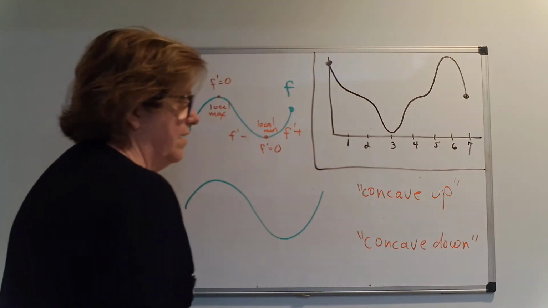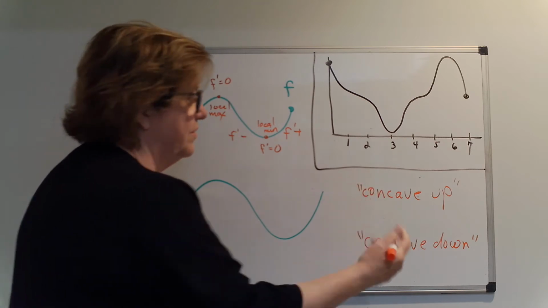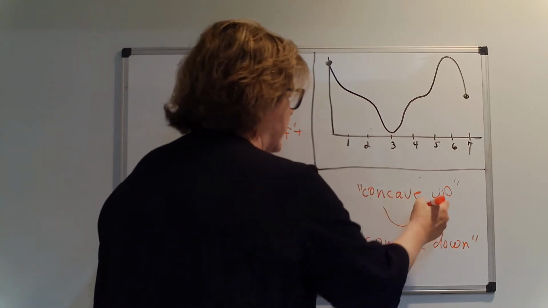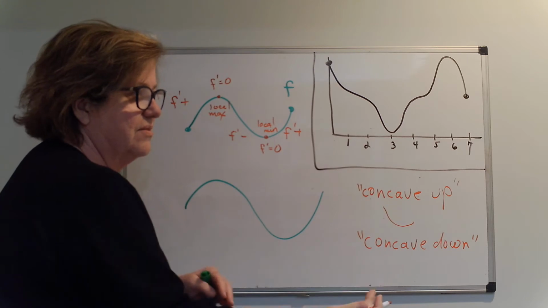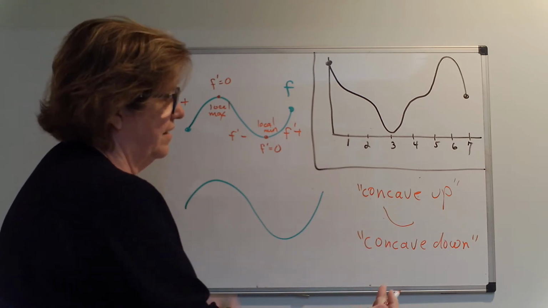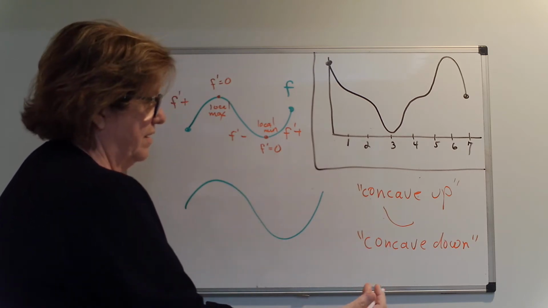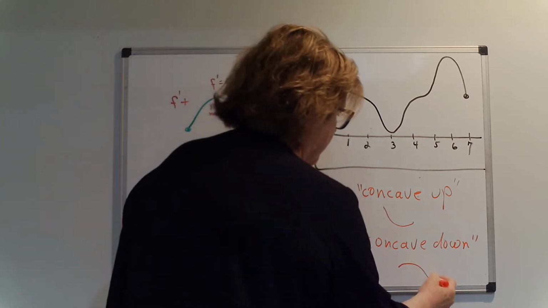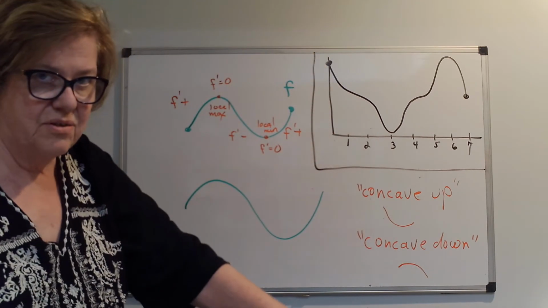What does that mean? Concave up means the graph is holding water. It's curved so that it could be holding water. When it's concave down, that means it's curved so that it looks like it's spilling water.